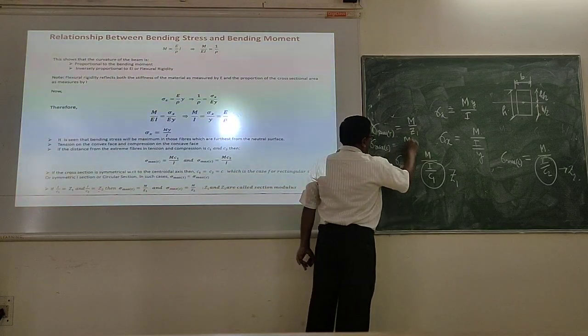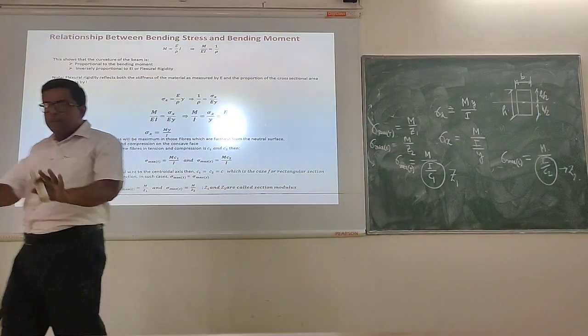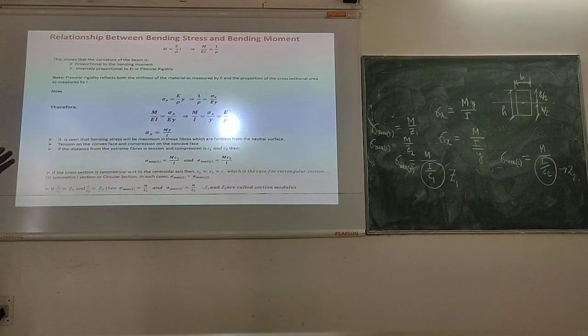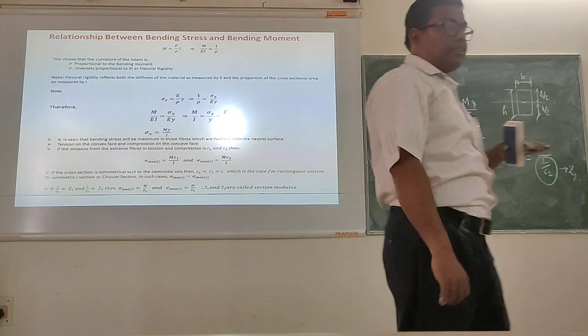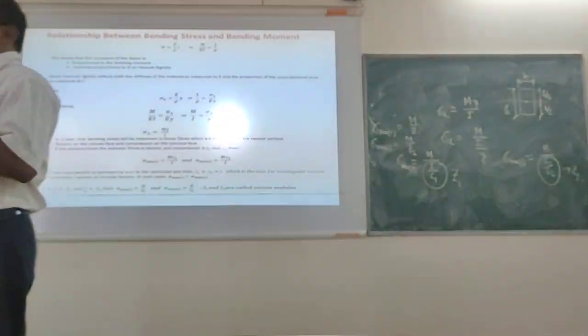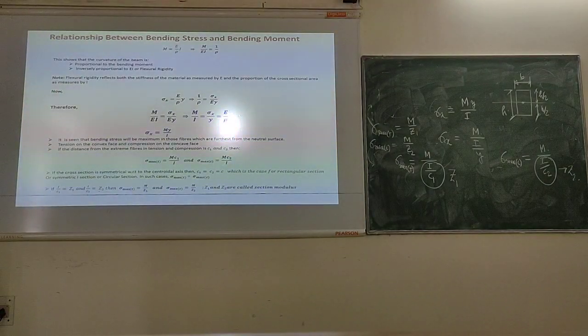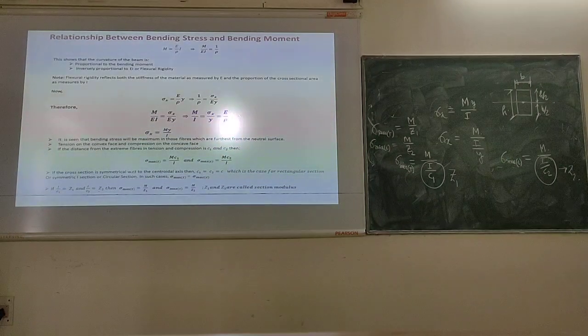It will be M by Z2. You understand? Simple mathematics. Right? So this Z1 and Z2, which is the ratio between the moment of inertia and the distance of the extreme fiber from the neutral axis, is termed the section modulus. It's a very, very important term, and you must remember it. Section modulus.